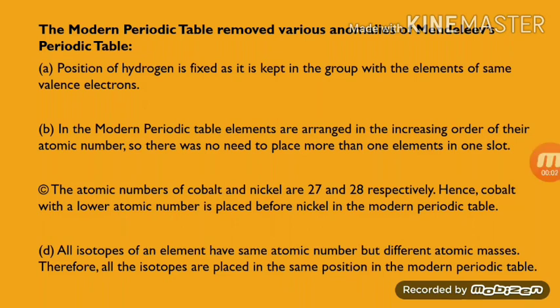Next, all isotopes of elements have the same atomic number but different atomic masses. I have already discussed atomic number and atomic mass, right? So isotopes are those elements having the same atomic number but different atomic masses. Therefore, all the isotopes are placed in the same position in the modern periodic table.